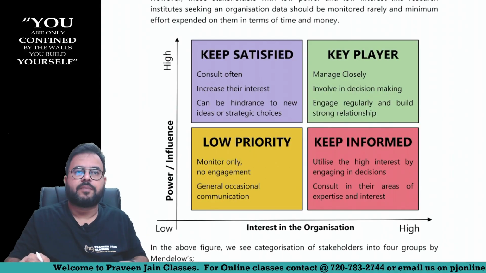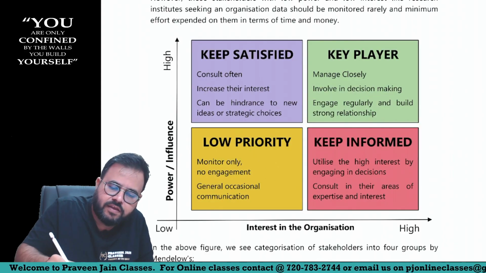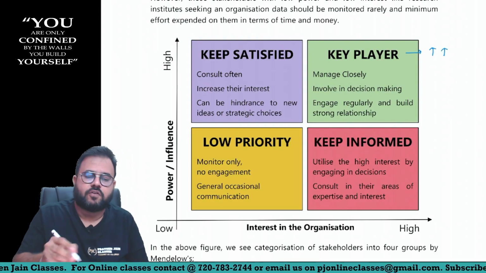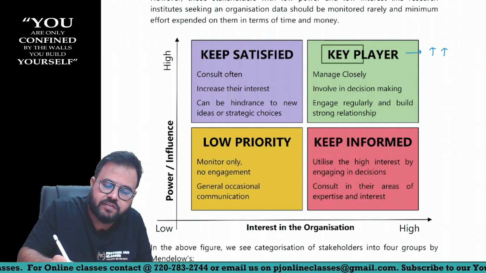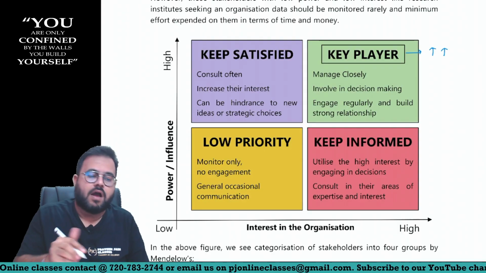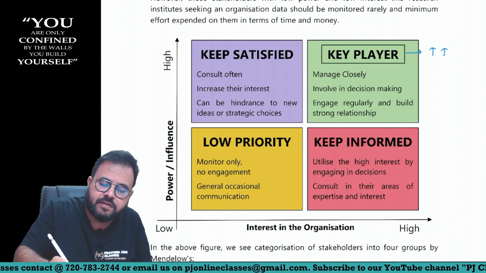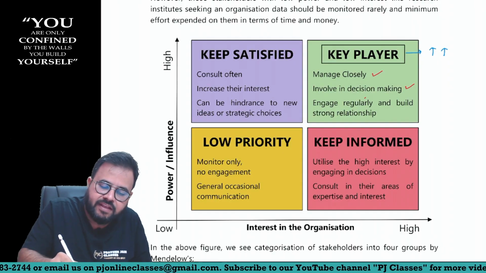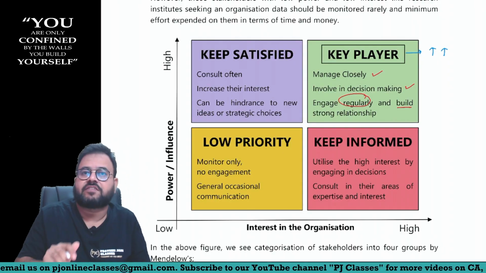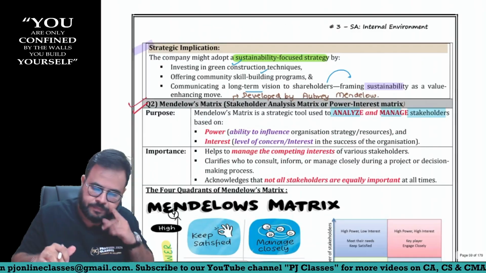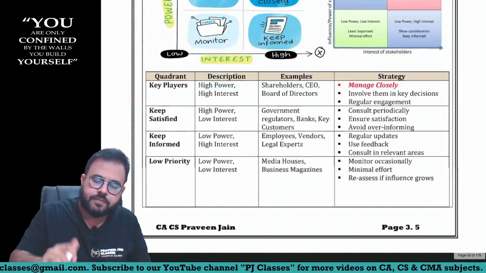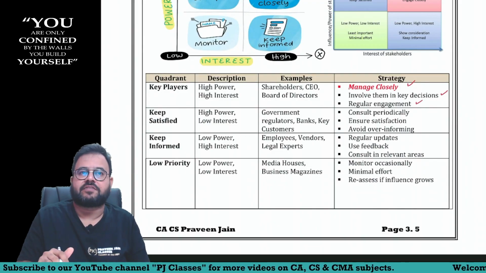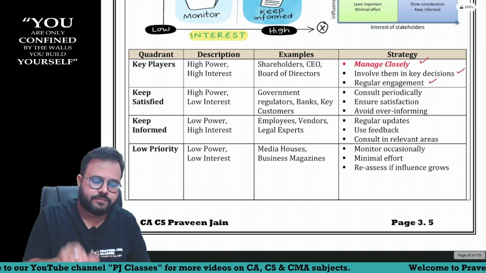Are you able to see this matrix, sir? Here, power is high and interest is also high. Hence we are calling them what, sir? Key players. Now what should you do with those key players? Manage them closely, involve them in decision making, engage regularly, and build a good relationship with them. Manage closely, involve them in key decisions, regular engagement is required for key players.